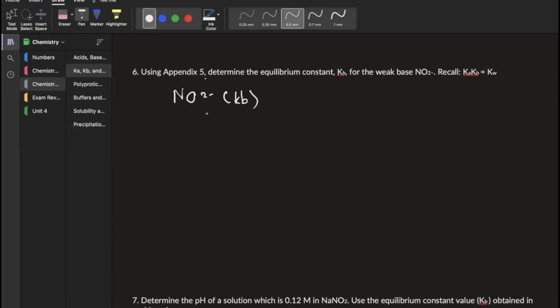Then we know that our conjugate acid for Kb is going to be HNO2. And we know that this, from appendix 5, is going to equal 4.5 times 10 to the negative fourth.